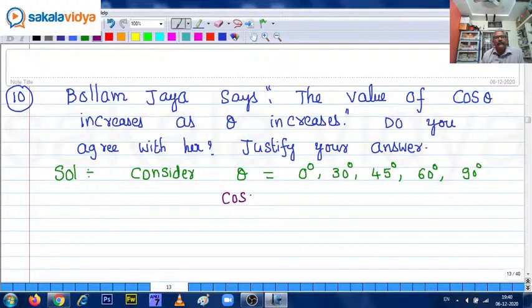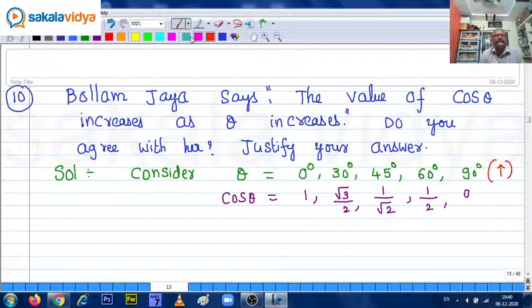Cos 0 is 1, cos 30 is root 3 by 2, cos 45 is 1 by root 2, cos 60 is 1 upon 2, cos 90 is 0. See, as theta increases, you put this symbol, and the cos theta value decreases. This symbol is for decreases.